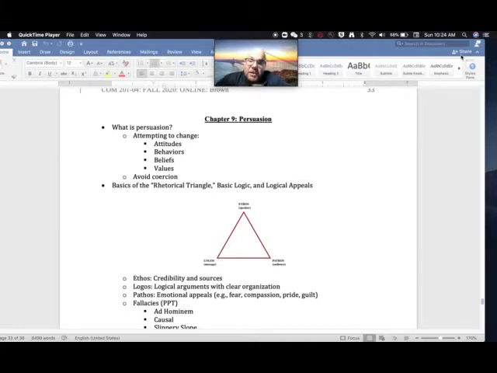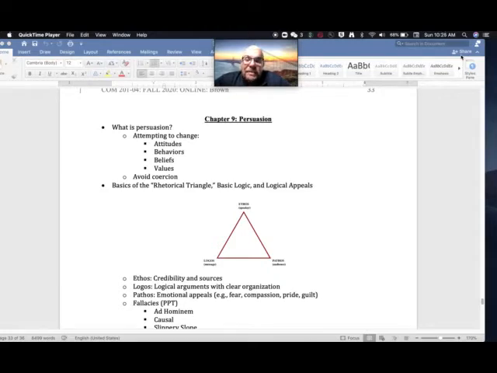Beliefs, a little harder to change because they're closer to the inside, but it can be done. Then, if we go further in, we land on values. And values are extremely hard to change. Values are your enduring concepts of what's good, what's bad, what's right, what's wrong. And to change that takes a lot of work, but it can be done.